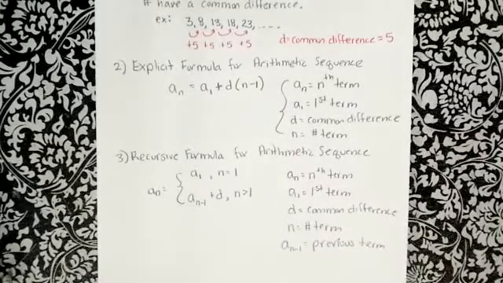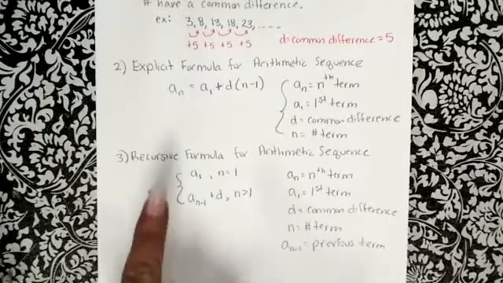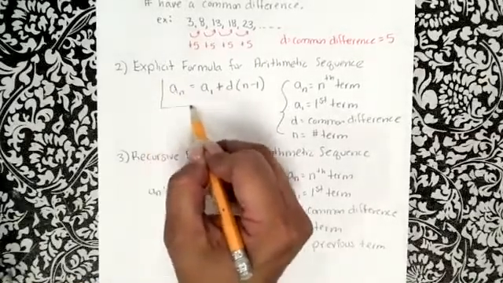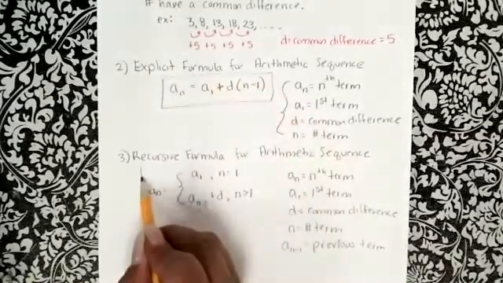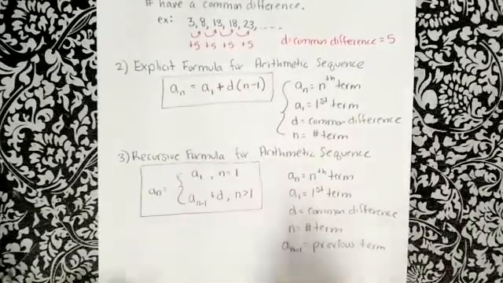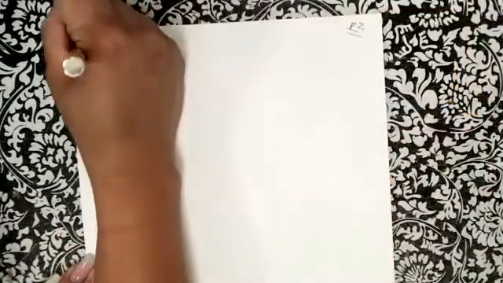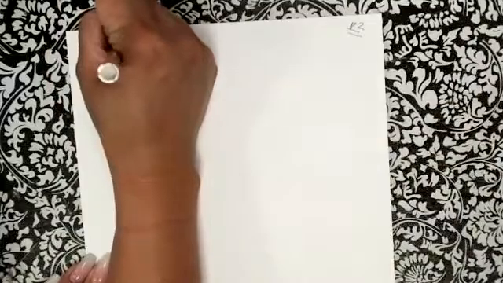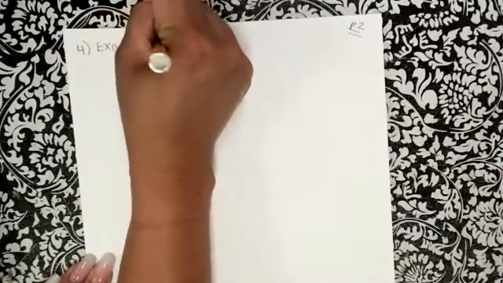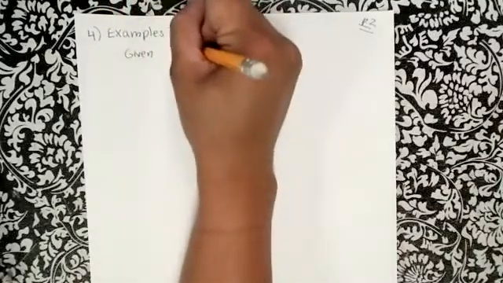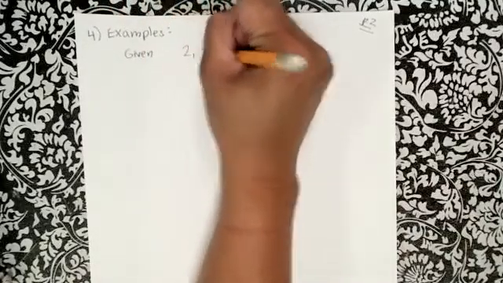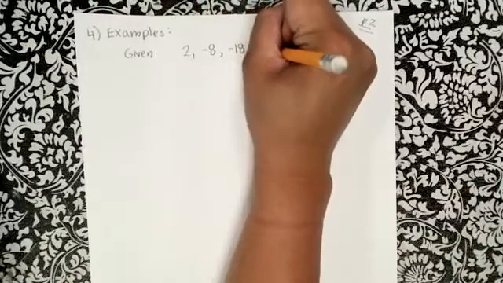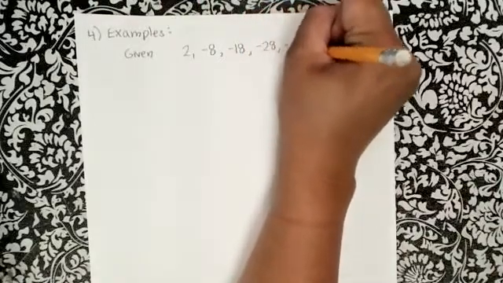All right, so let's go into some examples. We want to remember our formulas. So this is the explicit formula, and this is the recursive formula. So we are given the sequence 2, -8, -18, -28, -38.